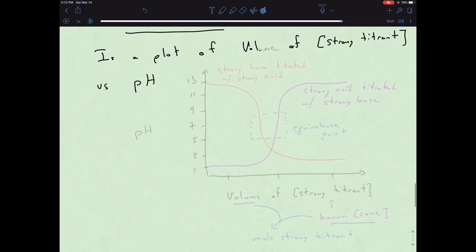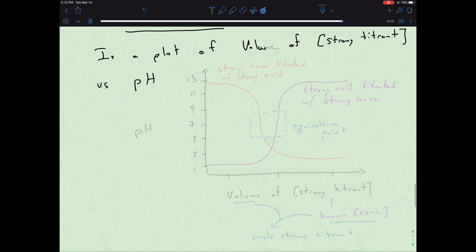So on the x-axis, we have our volume of titrant. Remember, with our strong titrant, we have known concentration. So if we have volume and we have concentration, we have access to moles, right?